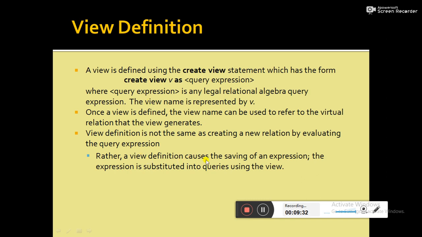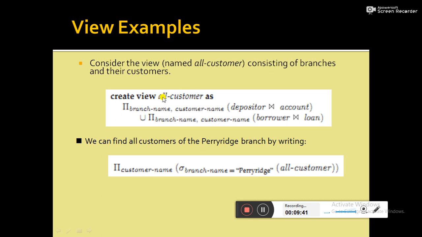View definition causes the saving of an expression. The expression is substituted in the query using the view. That means when we create a view, that query expression is saved, and this is known as the definition of the view.